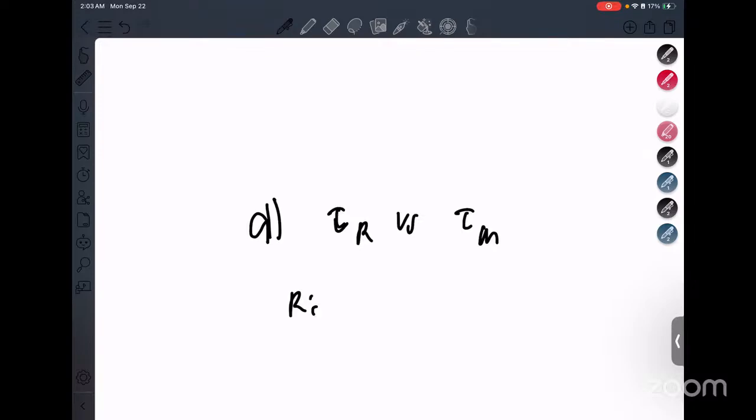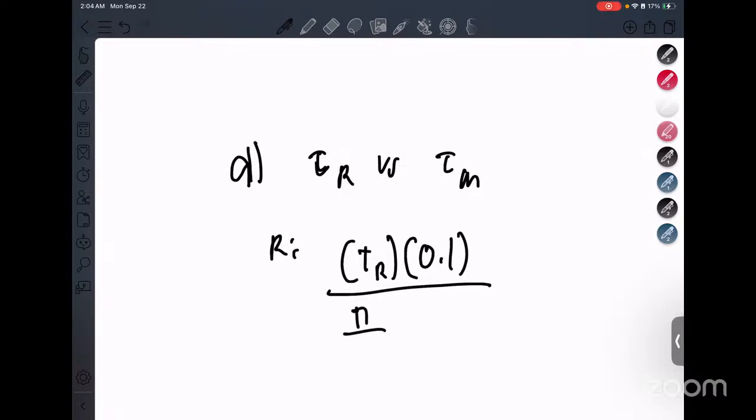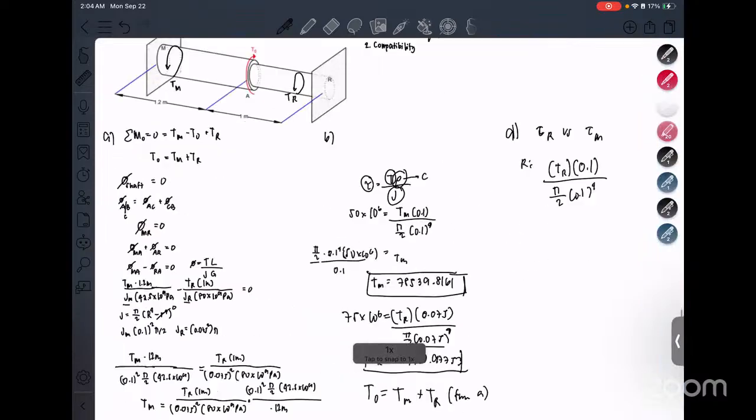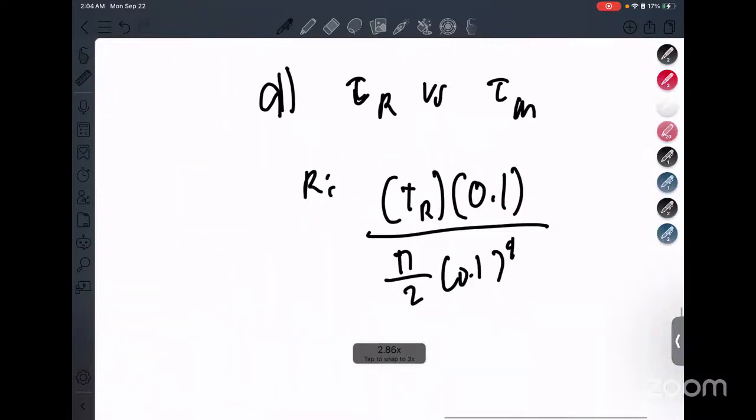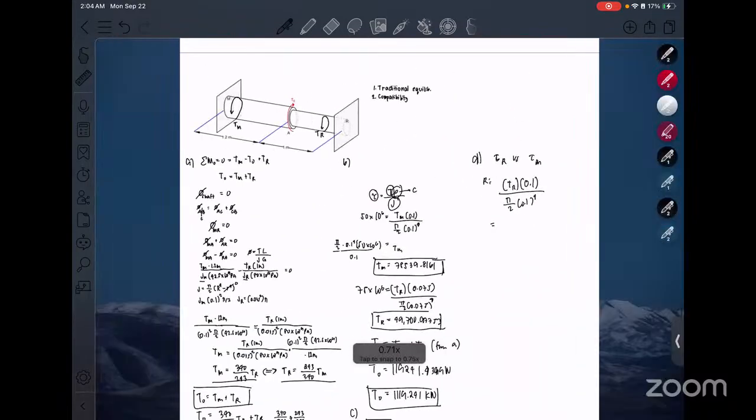Essentially, you get the same equation, right? Torsion, times rho over J. Torsion is just TR. We have solved for this. Rho is 0.1. And J, we have solved for this as well. So this is the only thing that changed from the previous iterations, guys. Plugging this in, I'll show it now for the sake of completeness.